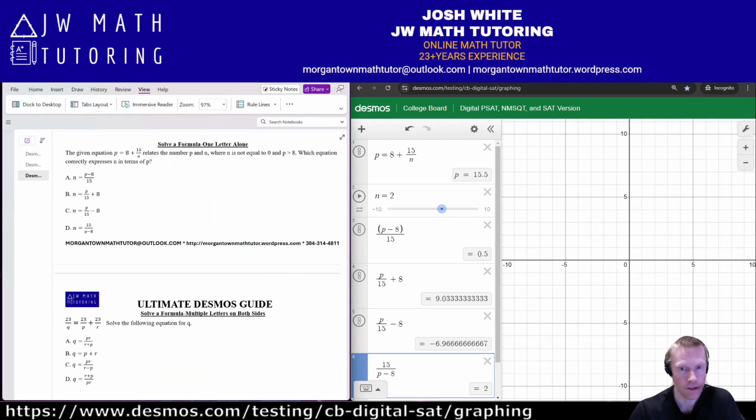So what that means is I chose n to equal 2. So I'm looking for the answer choice that is equal to 2 because these are all equal to n, essentially.